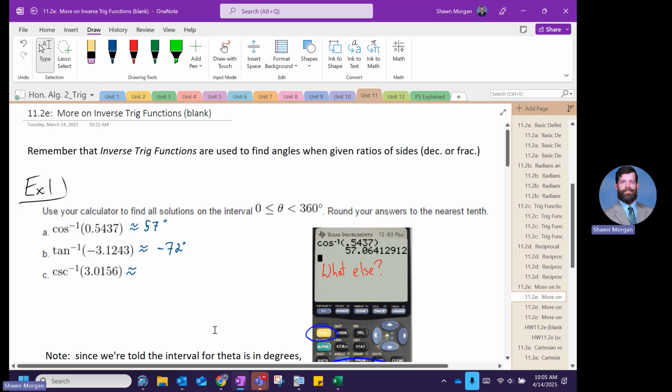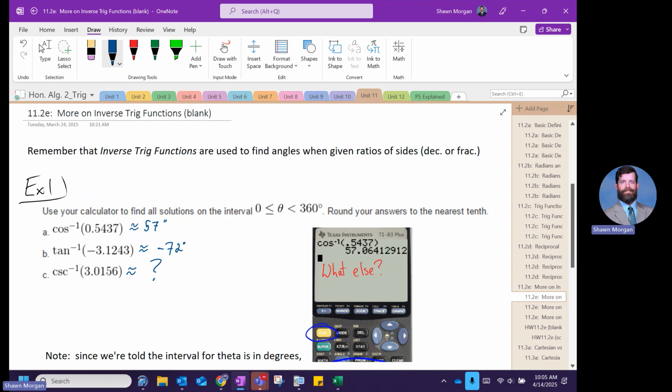Yeah, it didn't work. You got an error message. So you got to put a big fat question mark up on this one. Because if I do 1 over arc sine of this, I'm not allowed to come up with an input that is more than 1 or less than negative 1 for sine. It doesn't work that way.